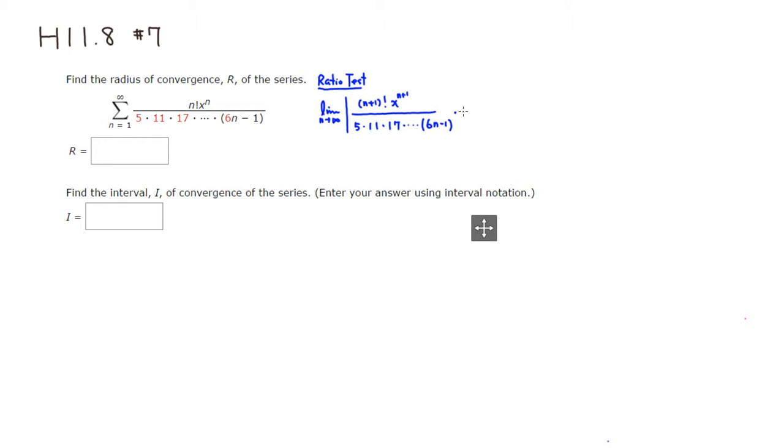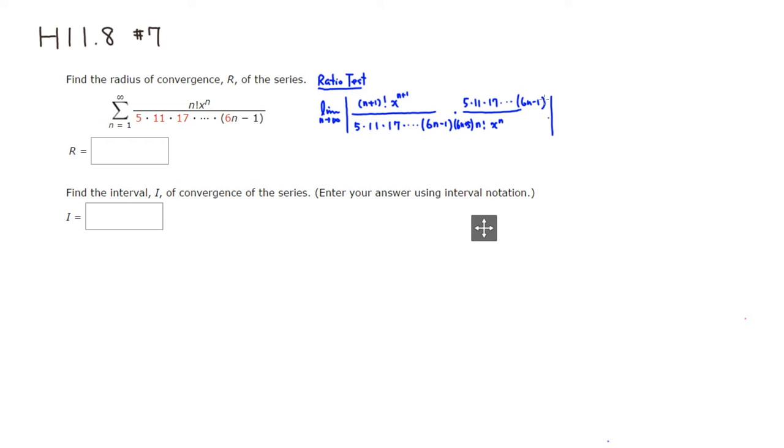Then we want to divide by a_n, so we take the reciprocal: n factorial, x to the n. Oh, actually, I forgot to add one more. The next one would be 6n plus 5. Sorry about that. And then you have 5 times 11 times 17 all the way to 6n minus 1.